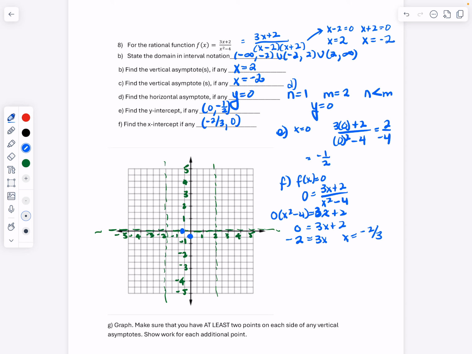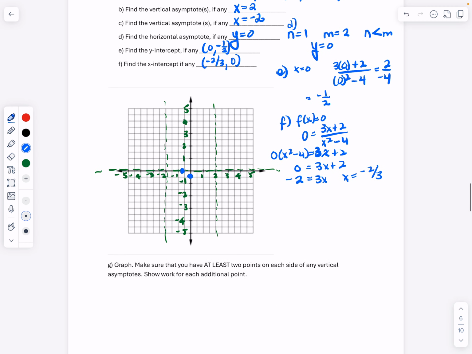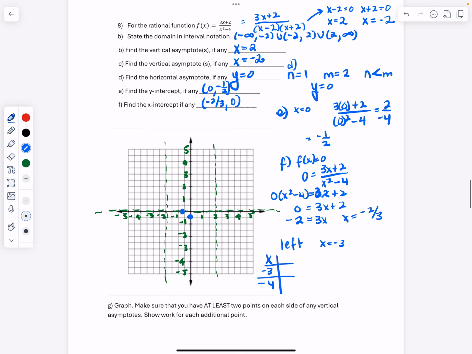Now I have to figure out the rest of this. So I'm going to move this into left part, right part, middle part, okay? So I'm going to do the far left first. Now I need 2 values to figure out what's going on, so I'm going to pick x equals negative 3 and x equals negative 4. I'm plugging in negative 3 into the original equation.